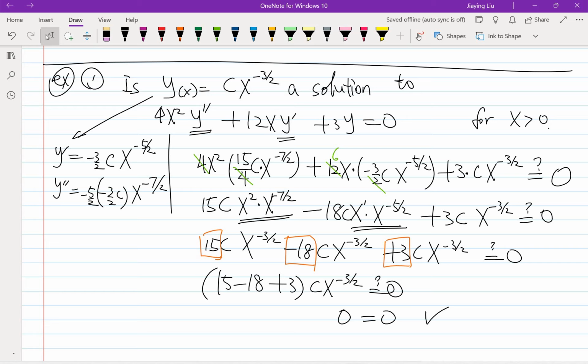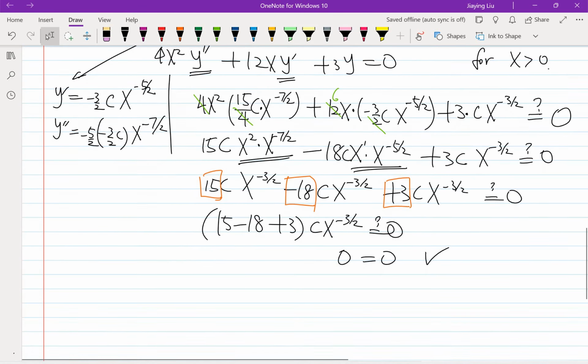You might even skip this line, because by the time you get to it, you look at it and see 15 minus 18 plus 3 is 0. You definitely don't have to show all the work I did, but I would say keep the substitution part. It's easy to grade if you have that. And even work on the side, I think it's helpful for taking the derivative. Good point. All right. Any questions?